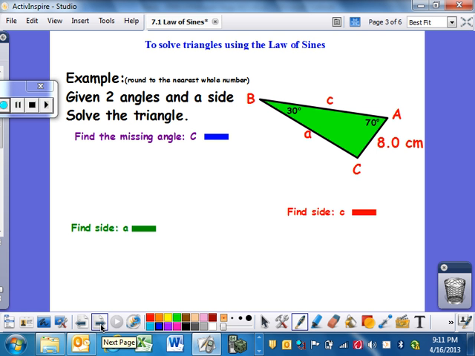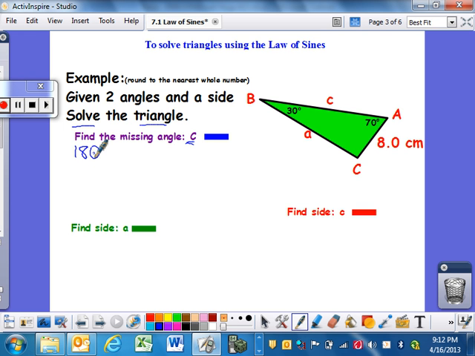So how does this work? Given two angles and one side, it says to solve the triangle. Just to recap, when you solve a triangle, you need to have every angle and every side accounted for. In this case, I have two angles, and that should allow you to figure out what the missing angle C has to be. Remember, a triangle has to add up to 180.